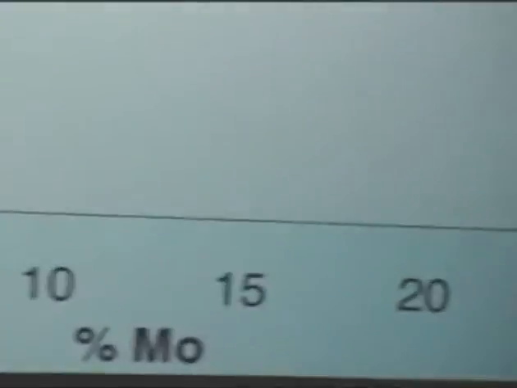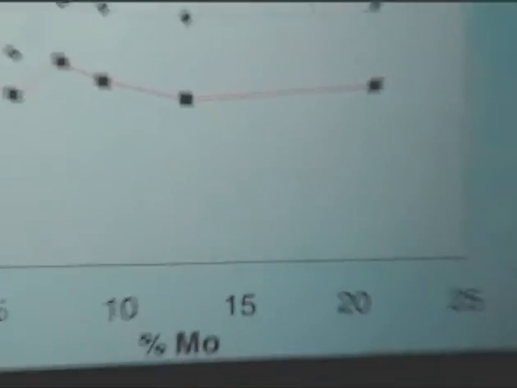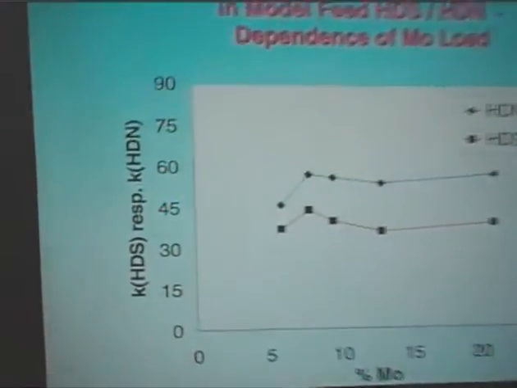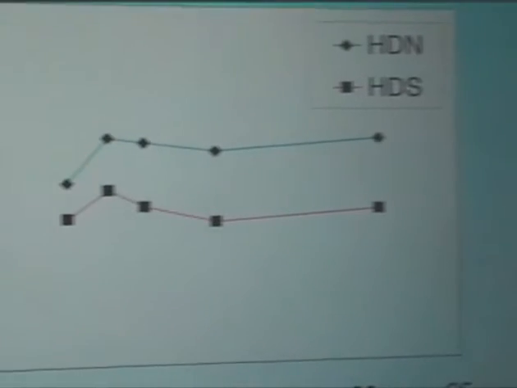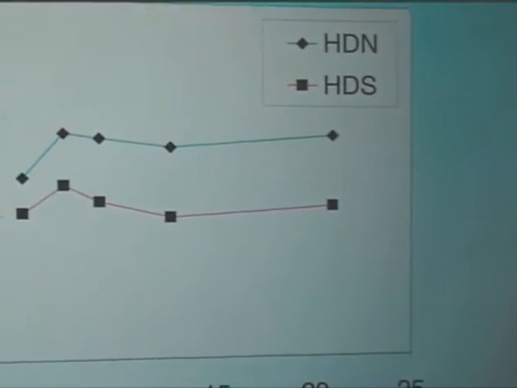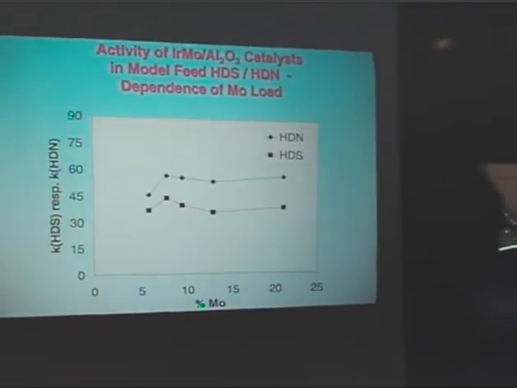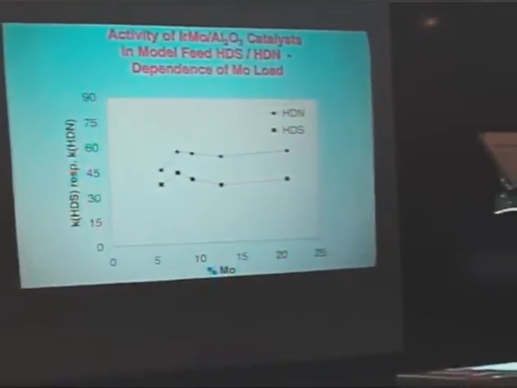This approach had, of course, the advantage that we could vary the iridium-molybdenum ratio and investigate the dependence of the activity on the iridium load and on the molybdenum load. You can see here a plot of the dependence of the activity on the molybdenum load with a constant iridium load of about 3%.